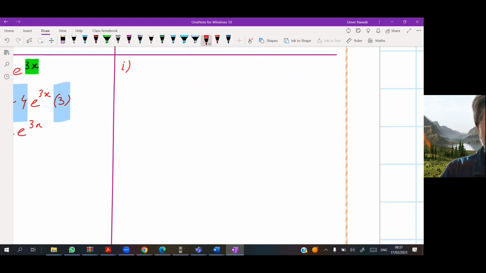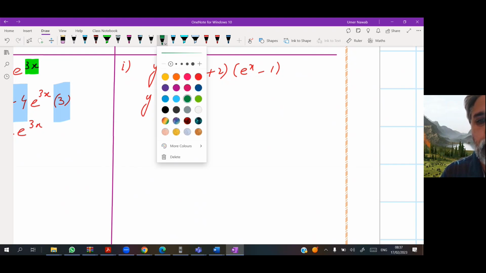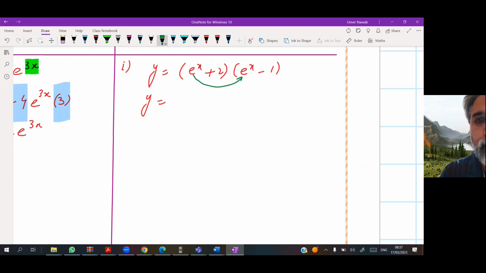I part, he wrote y is equal to e raised by x plus 2 and e raised by x minus 1. We cannot do differentiation unless we open the brackets. Now, e raised by x times e raised by x, when we multiply them together, it is e raised by 2x, because look, e^x multiplied with e^x, same bases, powers will be added.